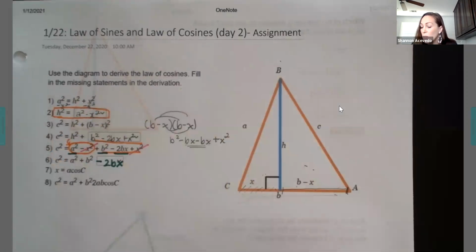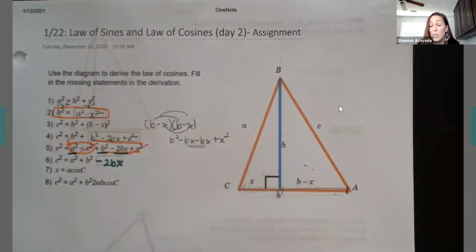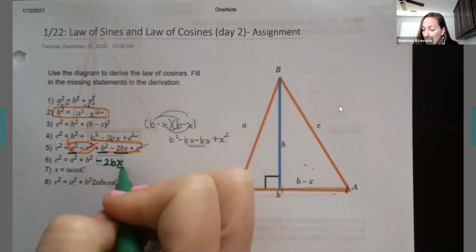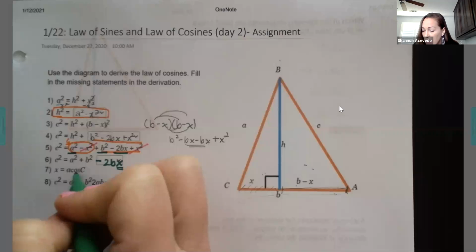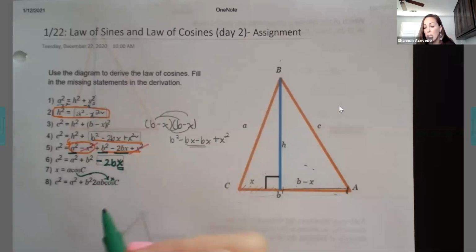I know that this value of x is equal to a cosine of c. It told me that, but I can also use my values of SOHCAHTOA to solve for that. It's just the right triangle, so I can use the idea of my cosine, but they already filled that in. So if that's what this x is equal to, then all I'm going to do is plug this value in right there. That was just my x value, and I just plugged it in.